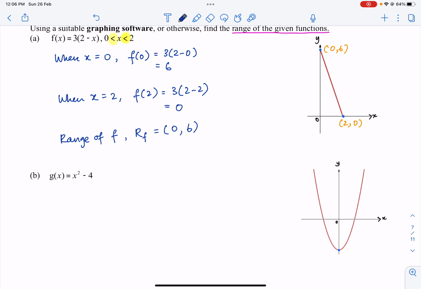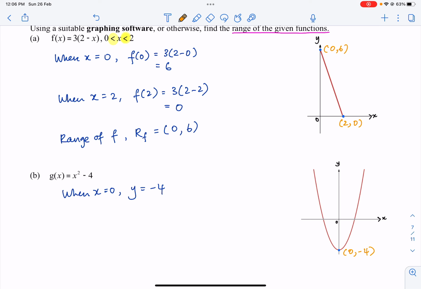Notice that when x equals 0, since the minimum point lies on the vertical axis, y is equal to -4. So this is the coordinates of the minimum point.